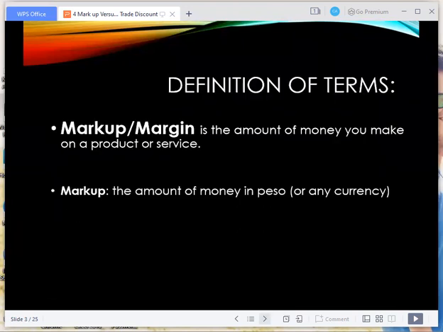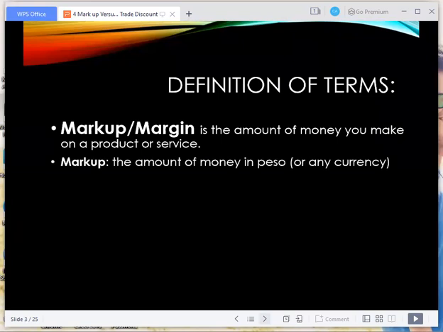So here is our definition. When we talk about markup or margin, that is the amount of money you make on a product or service. So that covers already the profit and of course the expenses. And then when we talk about markup alone, that is the amount of money in any currency. So it's either in peso or in dollar.